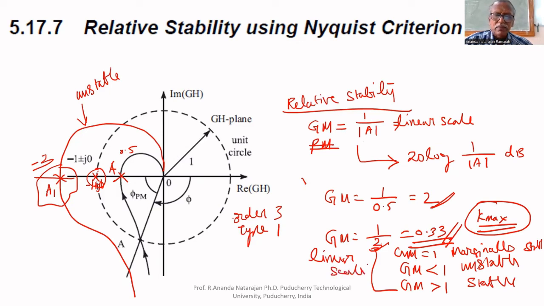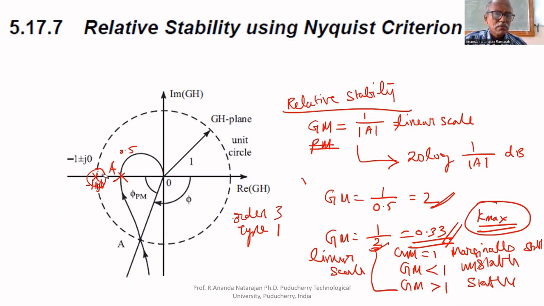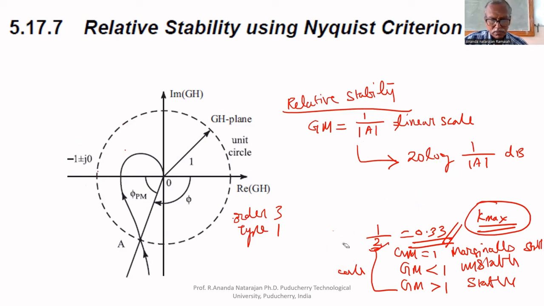What is phase margin? From the Nyquist plot, what is the phase margin?